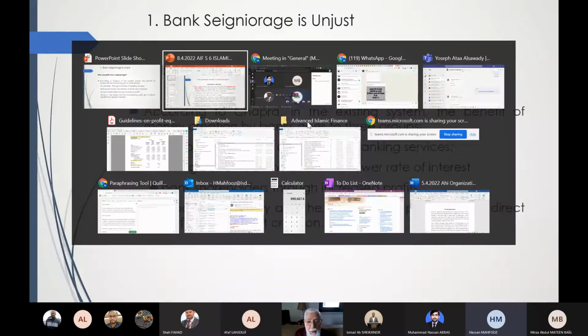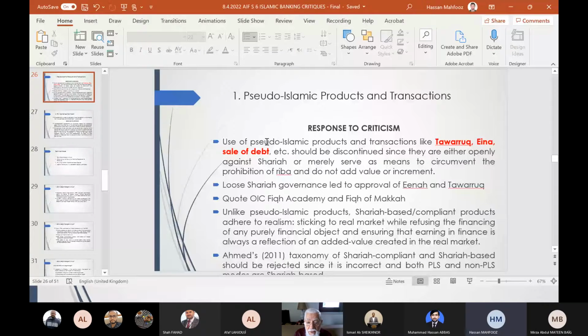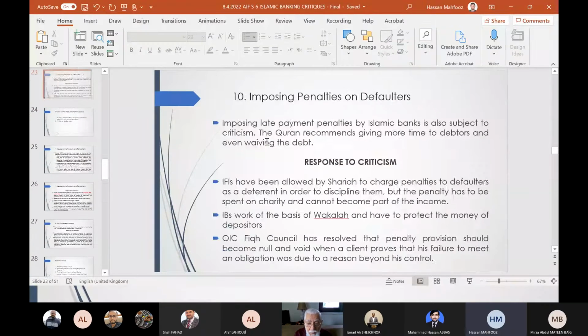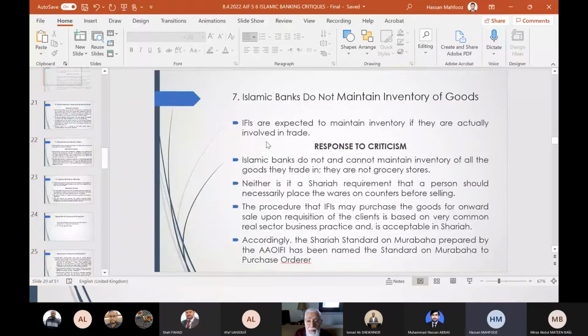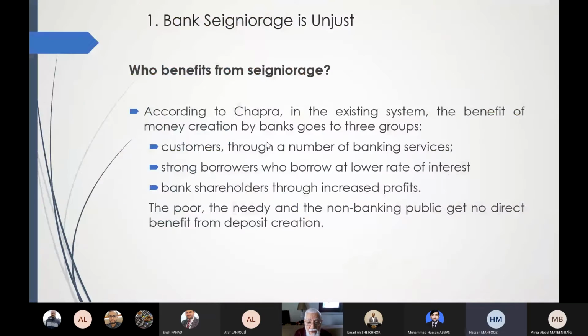This is a question. What do you think about it, Hassan and other people? I want other people to contribute. Shah or Muhammad Hassan Abbas or Ismail or Ala ad-Din or Jihun, everybody, please.